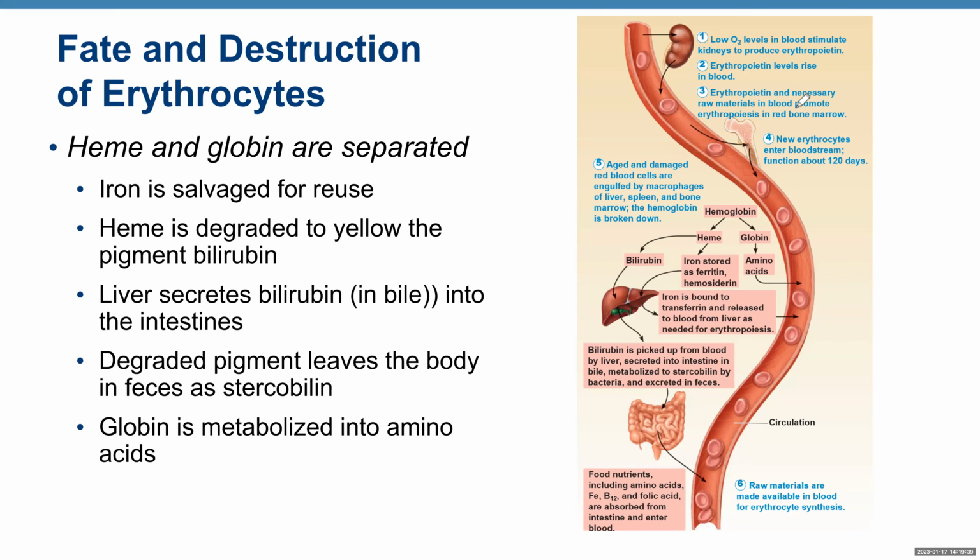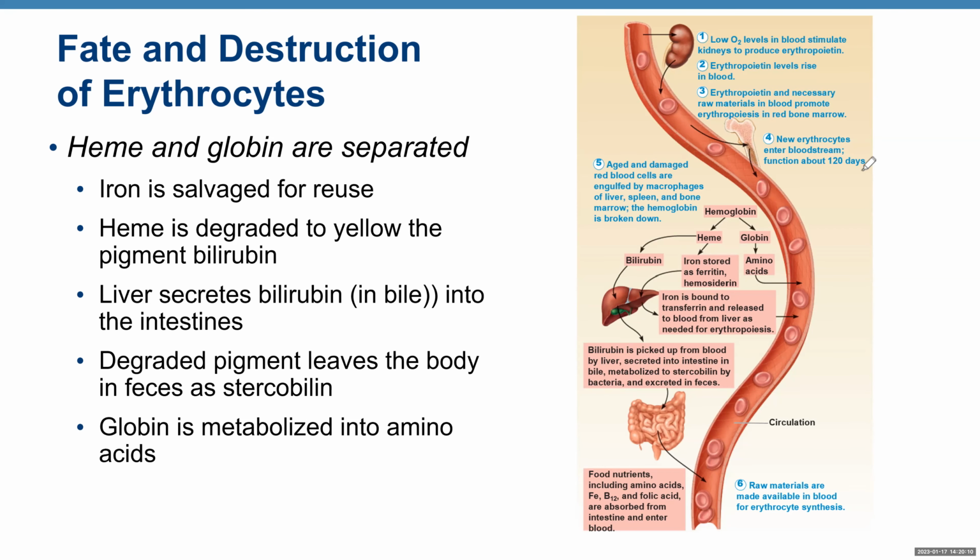Erythropoietin and necessary raw material in blood promote erythropoiesis in red bone marrow. So now when you have a high level of erythropoietin, it promotes synthesis of red blood cells. Where? In the red bone marrow inside your bones. Now new erythrocytes enter the bloodstream and function about 4 months, right?